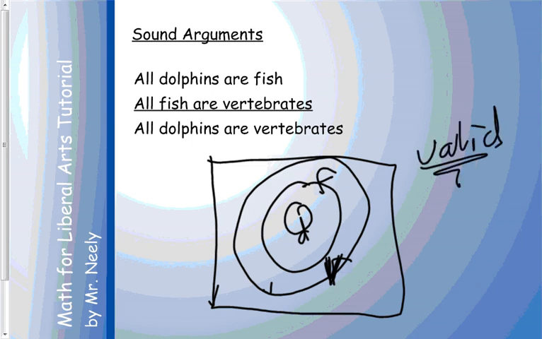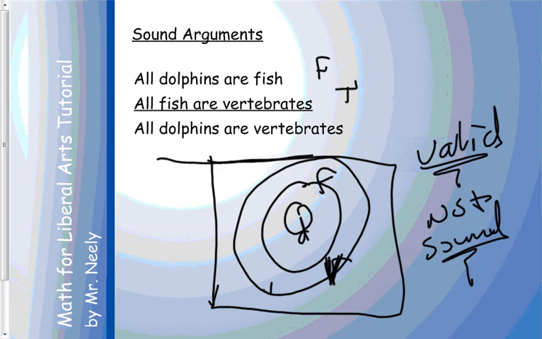Now, is it a sound argument? Well, if you look at the first premise, all dolphins are fish, that's actually false, because dolphins are mammals. They're not fish. The second premise is true, but since the first premise is false, this is not sound. It is not a sound argument. Now notice, even though this is a valid argument, and even though this conclusion happens to be true, it's still not a sound argument.